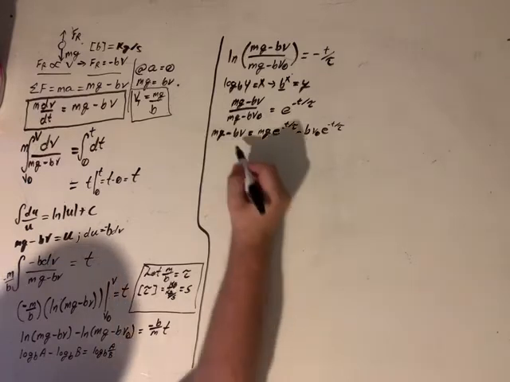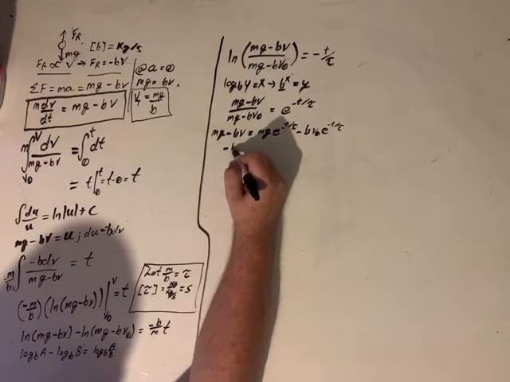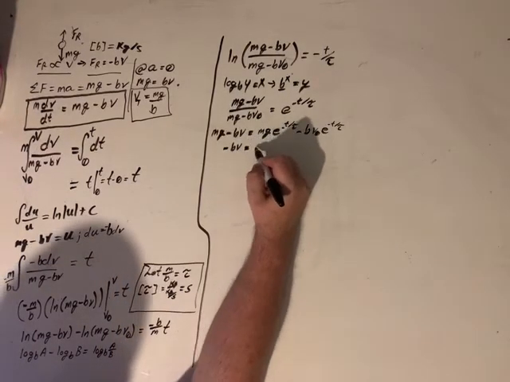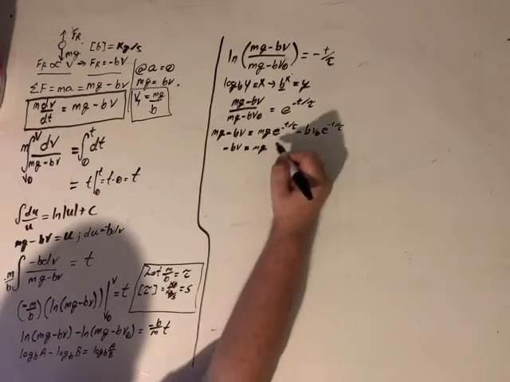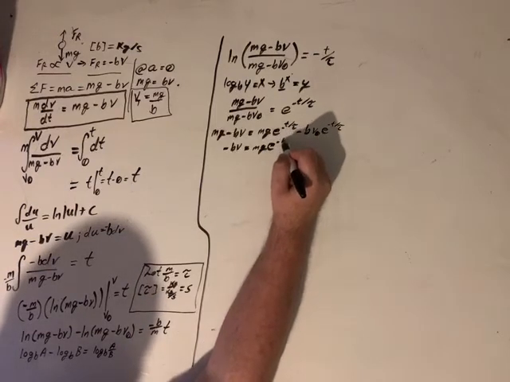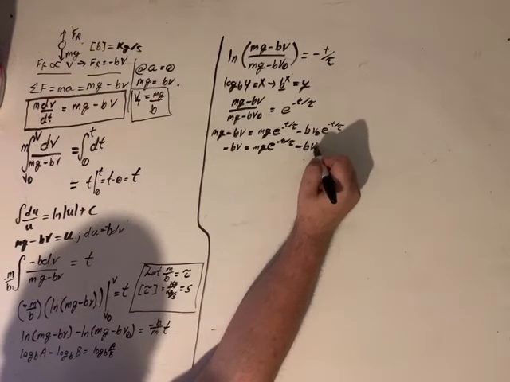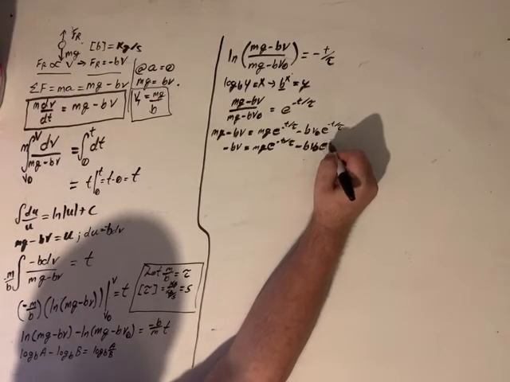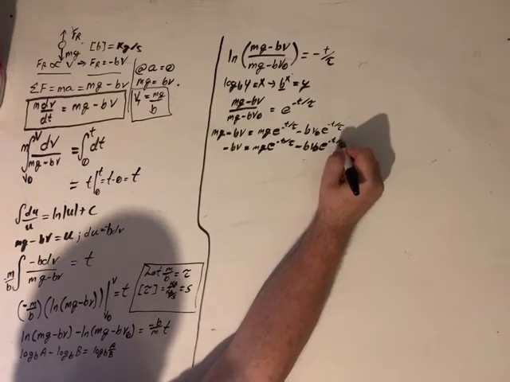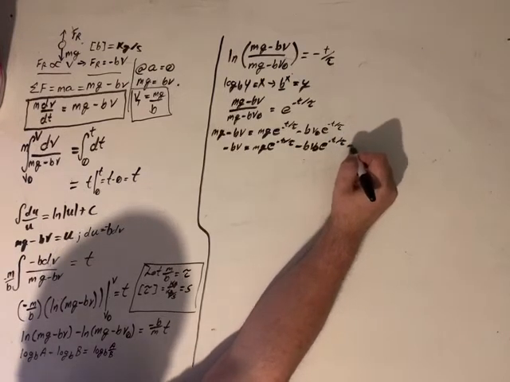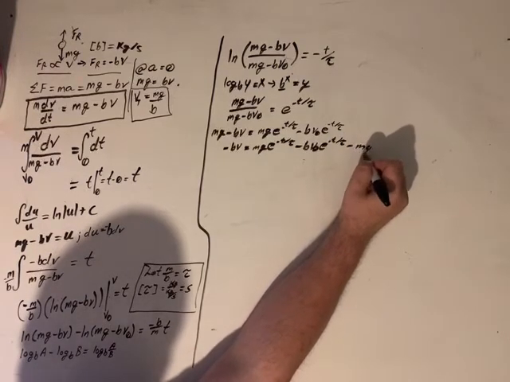Now I'm going to move that mg over. Negative bv equals mg e to the negative t over tau minus b v sub 0 e to the negative t over tau minus mg.